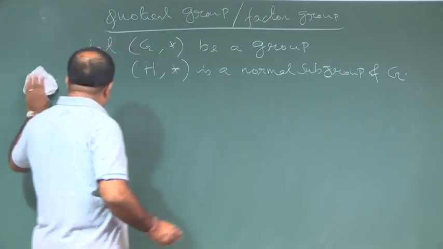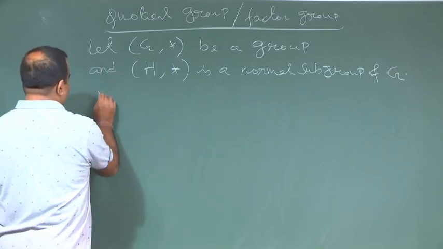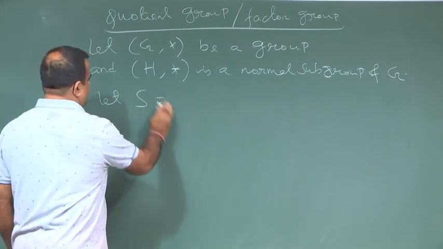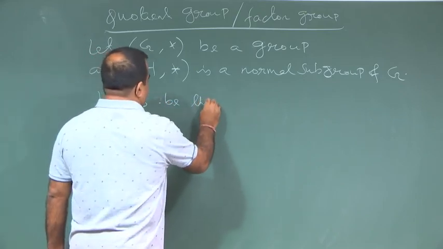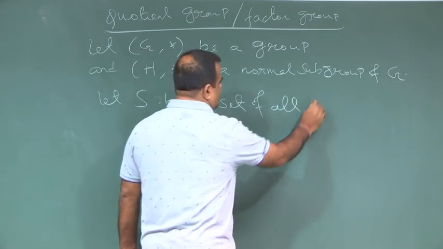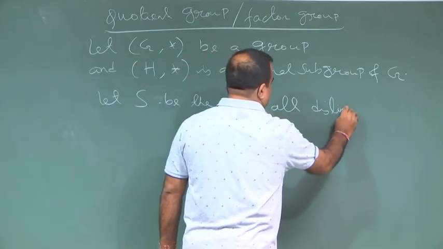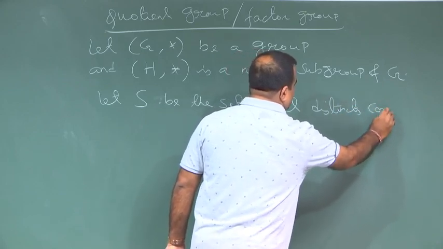Then we take all the cosets in a set. Let S be the set of all distinct cosets of H in G. So, this set is basically the collection aH, which is the same as Ha, the set of all distinct cosets.